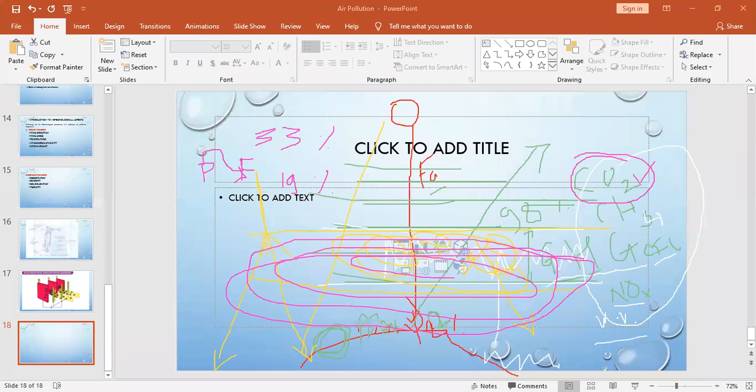In vehicles, you can control it by providing a catalytic converter, which helps to reduce the emission of hydrocarbons, and instead of hydrocarbon it will emit a simple form of hydrogen, which will not act as a pollutant. The emission of carbon dioxide also needs to be controlled, but it is not possible to control the emission of carbon dioxide.